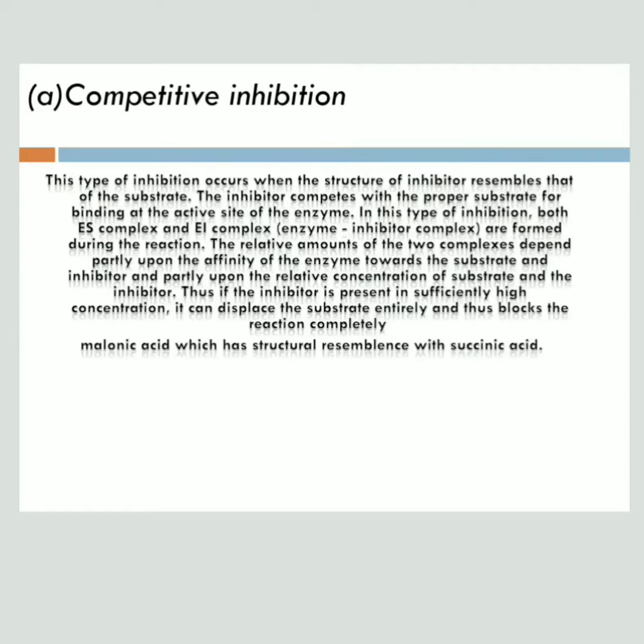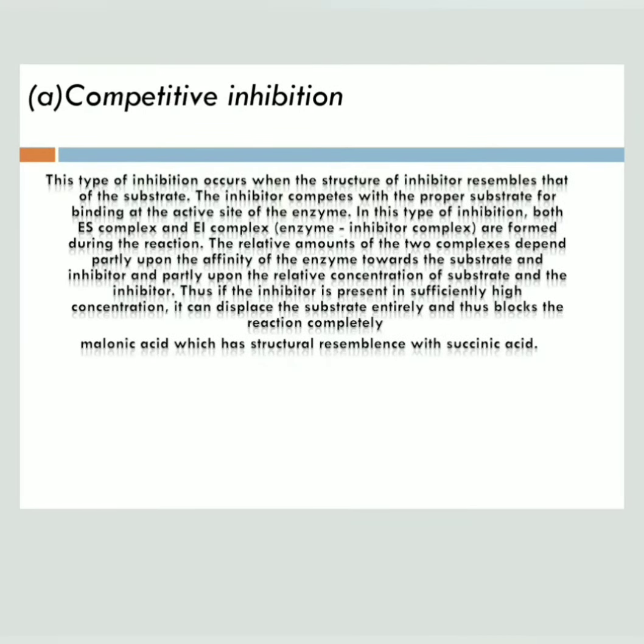The inhibitor competes with the substrate to bind at the active site of the enzyme. Both complexes are formed based upon the enzyme's affinity towards the substrate or the inhibitor, and also their concentrations. If the inhibitor concentration is high, it can displace the substrate entirely and block the reaction.